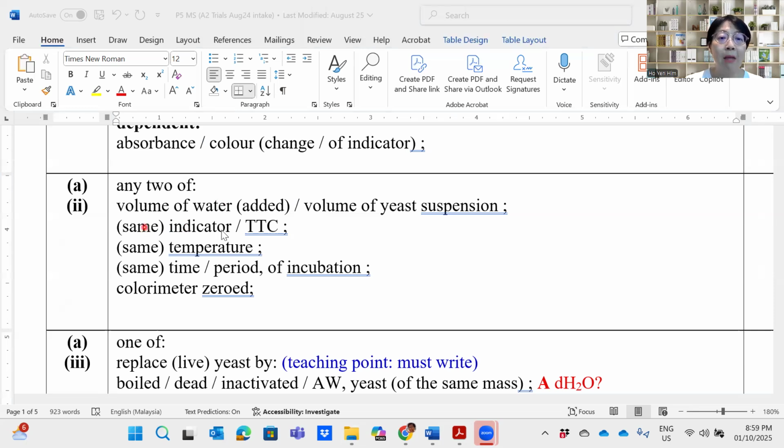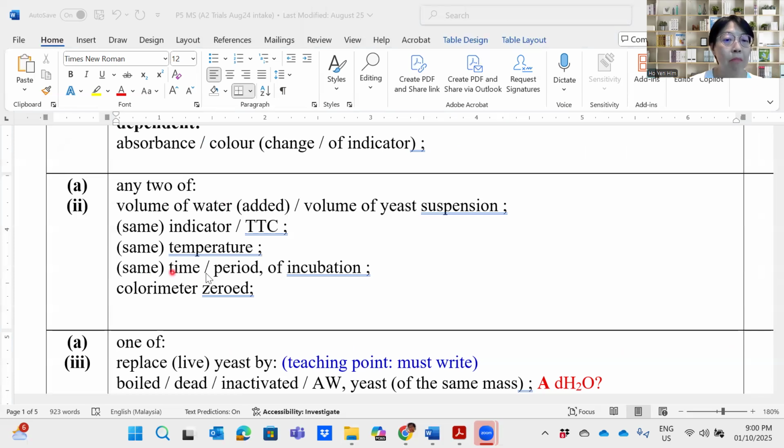They use the same indicator, but they didn't say volume and concentration, right? As long as the indicator is the same, it's also standardized in terms of that same type. You don't use TTC for this and use methylene blue for that and use DCPIP for the other one, right? Because we're not comparing between different kinds of redox indicator. Okay. We use the same temperature, so standardized in terms of same temperature.